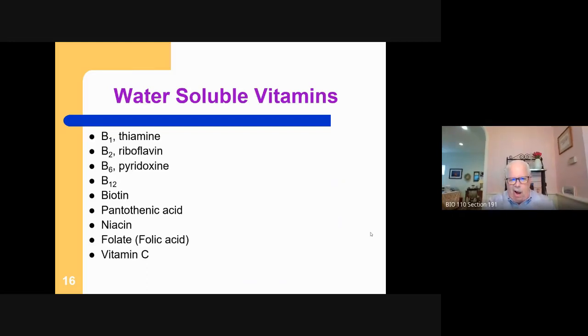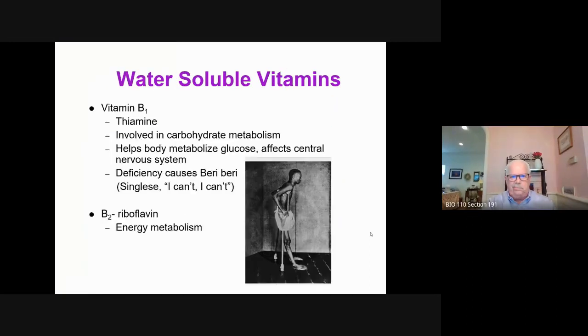So let's talk about the water-soluble vitamins. Vitamin B1, also known as thiamine. Thiamine is important in carbohydrate metabolism. It helps you metabolize glucose.